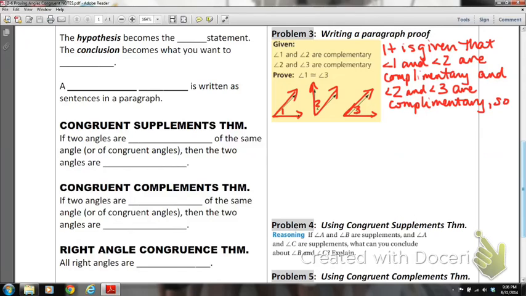So that means the measure of angle 1 plus the measure of angle 2 is equal to 90. And the measure of angle 2 plus the measure of angle 3 is equal to 90 by the definition of complementary angles.